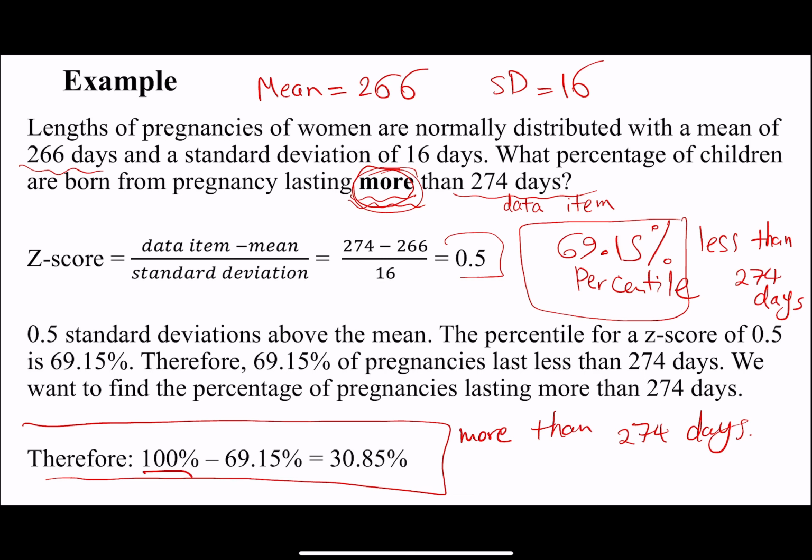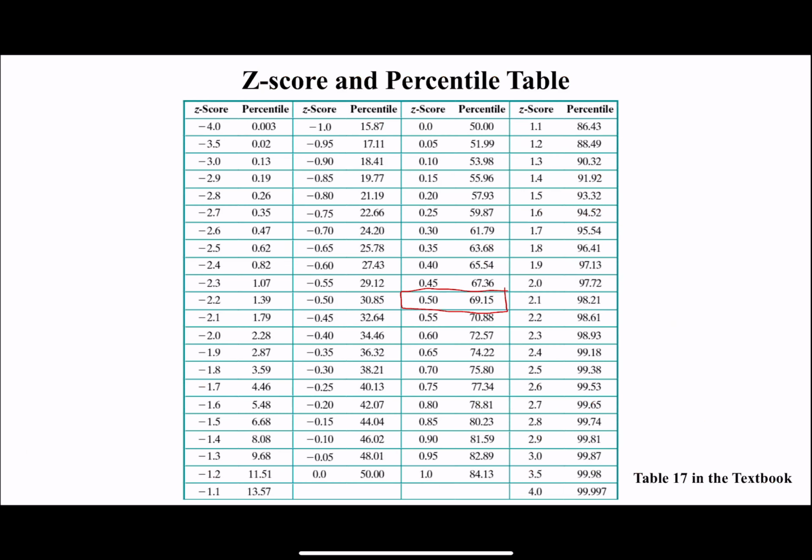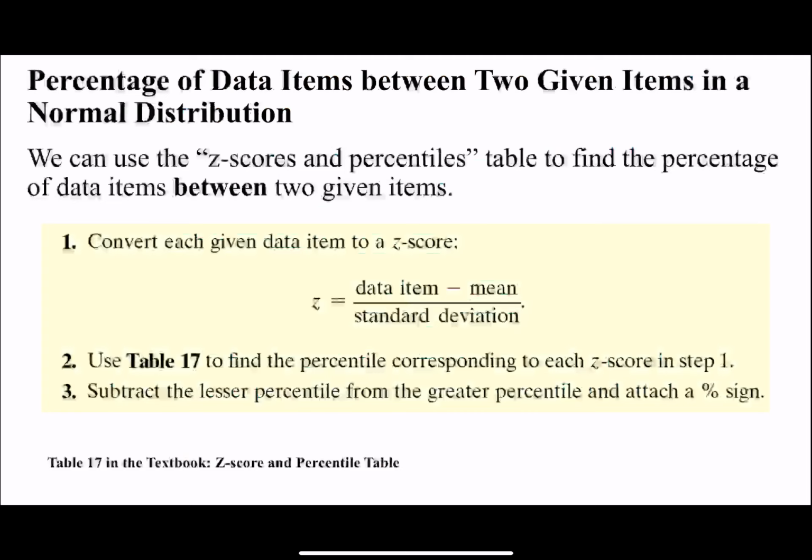Okay, so here we go. What about when you want the percentage of data items between two given items in a normal distribution? In that case, you want to find the percentage of data items between two particular data items.